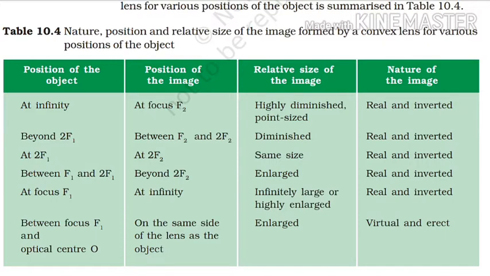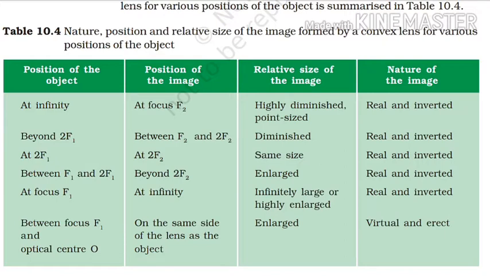Now if the object is placed beyond 2F, meaning the object distance is greater than the radius of curvature of the first surface, the image is formed between F2 and 2F2, that is between the second focus and twice the second focus.